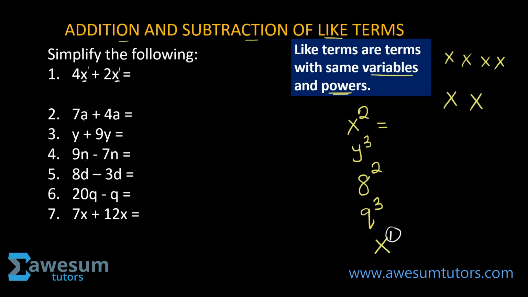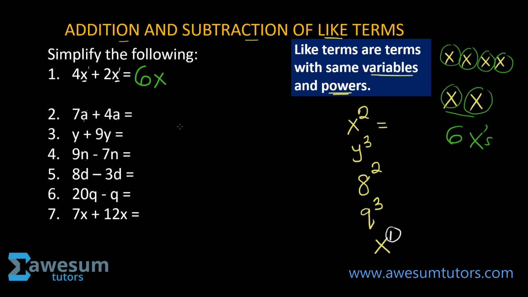What do you think that's going to be? This is 1x, this is 1, 2, 3, 4, 5, and 6. So that means 4x and 2x give me 6x's. So 4x plus 2x will give me 6x.